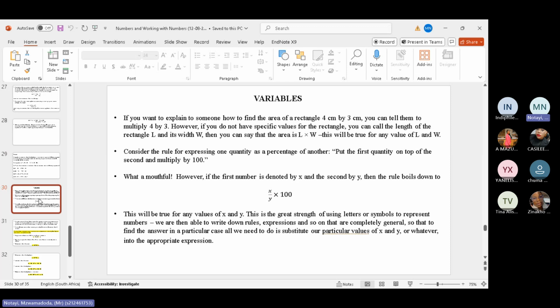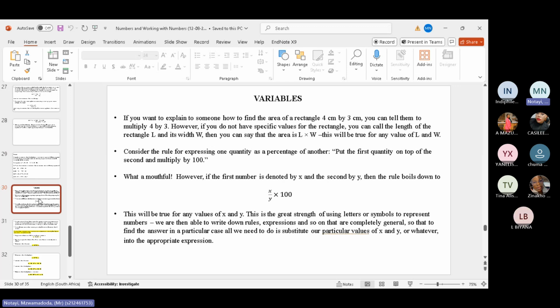Let's proceed to variables. We're going to look at the variables now. If you want to explain to someone how to find the area of a rectangle, 4 centimeters by 3 centimeters, you can tell them to multiply 4 by 3. That is the area of the rectangle.